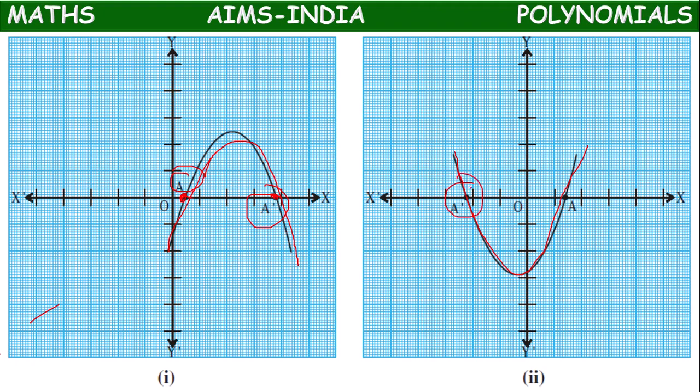Here also, one is A dash, another one is A. So if you draw a graph for a quadratic polynomial, case one, the shape of the graph may be like this.